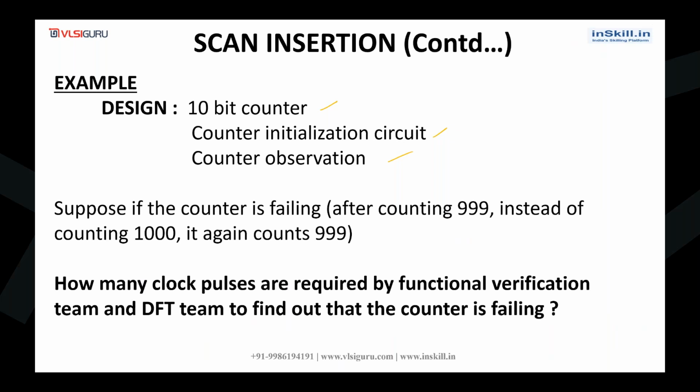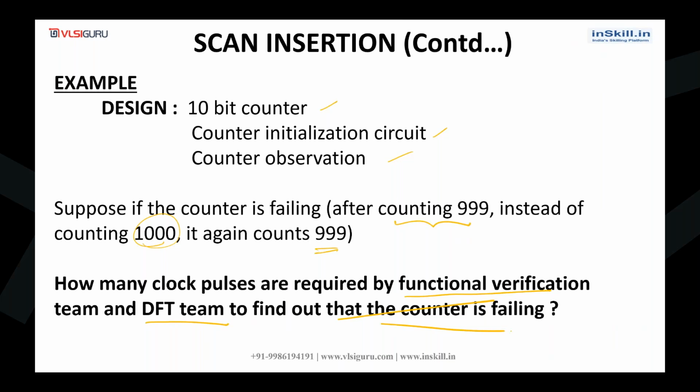Suppose the counter is failing: after counting 999, instead of counting 1000, it again counts 999. We'll see how many clock pulses will be required by the functional verification team and by the DFT team in order to find out that the counter is failing.